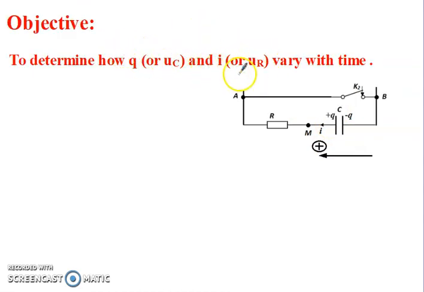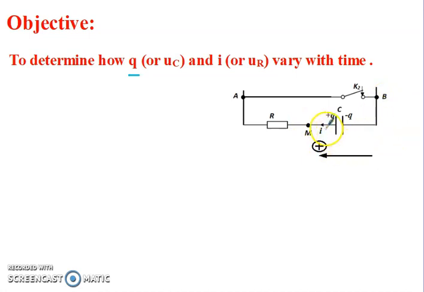So what's the objective? To determine how the charge or the voltage UC or UMB and the current in the circuit vary with time. Notice here, this is the positive charge on the capacitor and this is the negative charge. Means point M is at higher potential, and B is at lower potential.